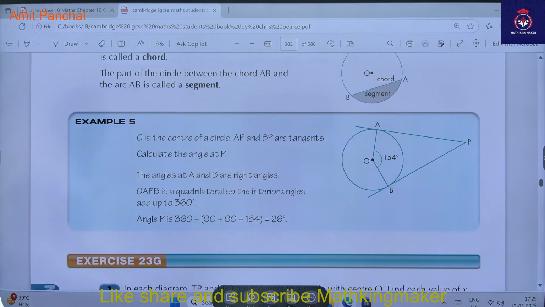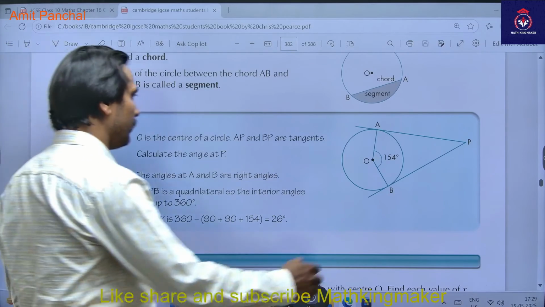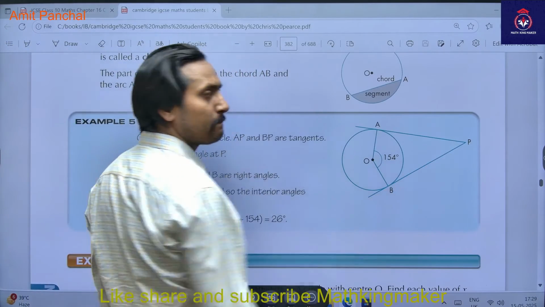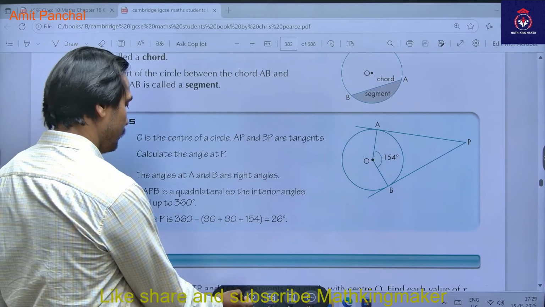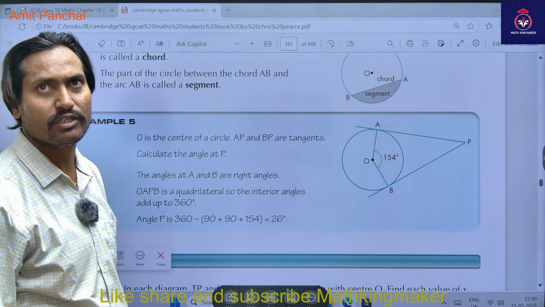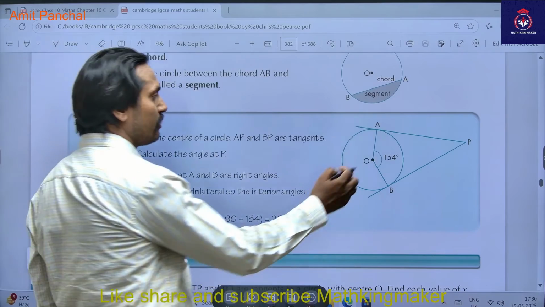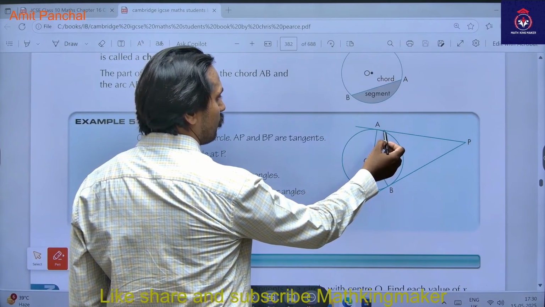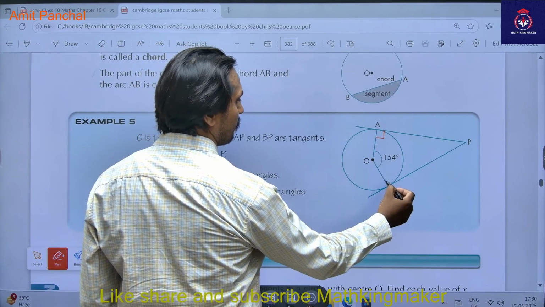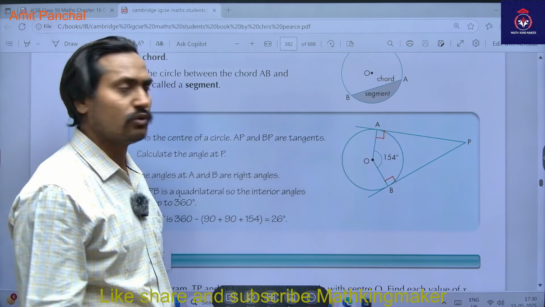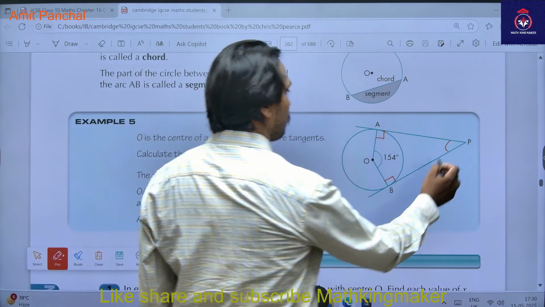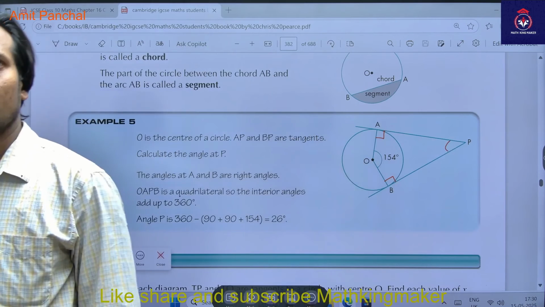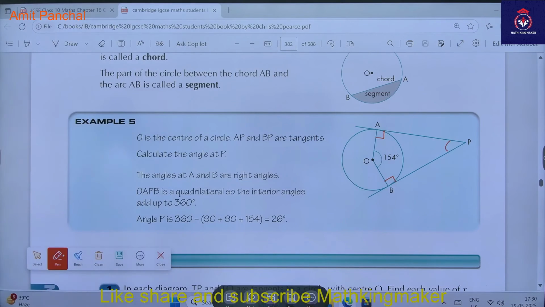Calculate the angle at P. Always, a tangent makes a 90-degree angle with the radius. That means this angle is always 90 degrees. So what will be the angle at P?